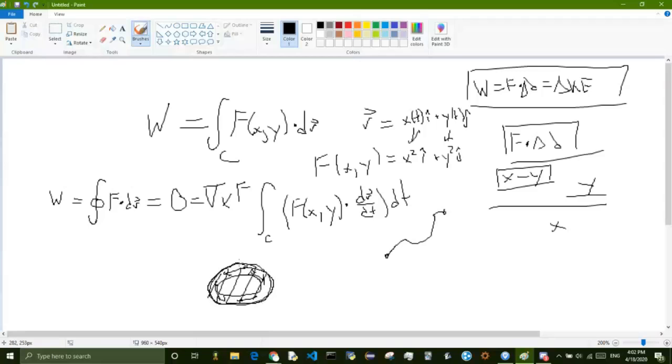Because if the force swirls around a lot, the work is going to be positive, because the force is swirling along with the boundary of the shape, and therefore when we calculate the work around it, the force is generally in the same direction as the displacement, and this is positive.